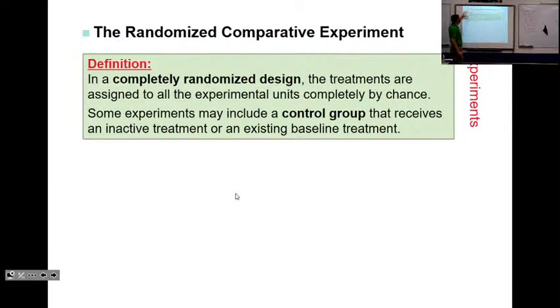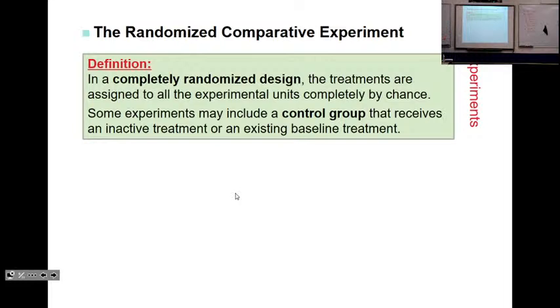Completely randomized design is the most common type of experiment, and that is what I just described. Some of the group gets one treatment, some of the group gets the other treatment.